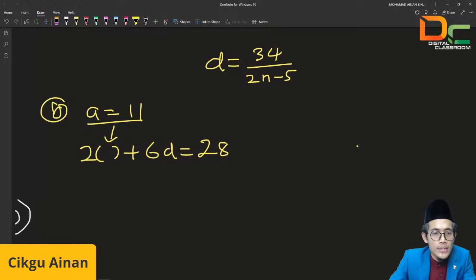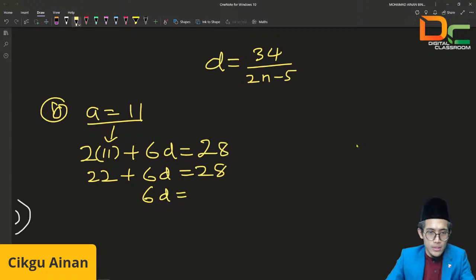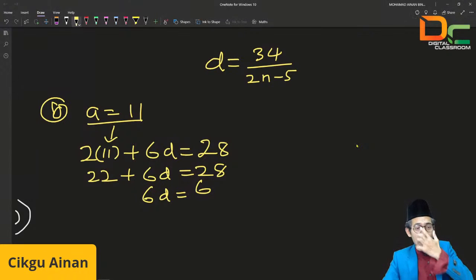So we substitute. 22 plus 6D equals 28. So 6D is 28 minus 22, 6. Aku tak pergi tolak pula dah. Oh, salah lagi.